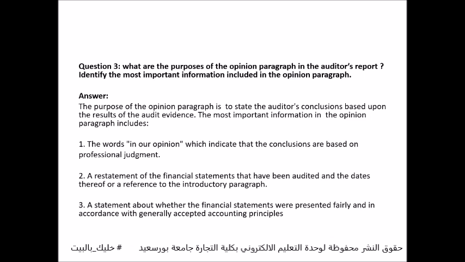Number 2, a restatement of the financial statements that have been audited and the dates thereof, or a reference to the introductory paragraph. Number 3, a statement about whether the financial statements were presented fairly and in accordance with the generally accepted accounting principles.